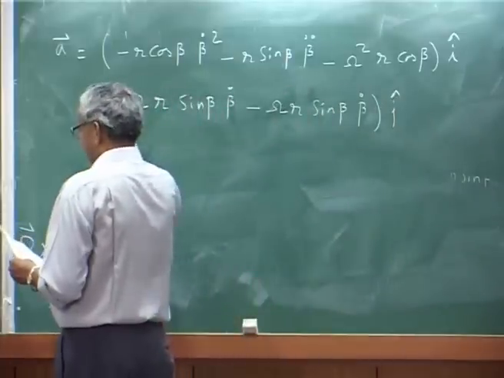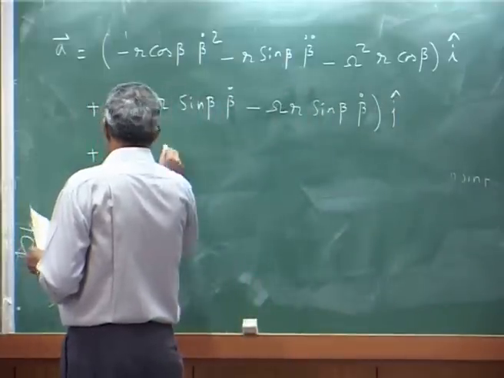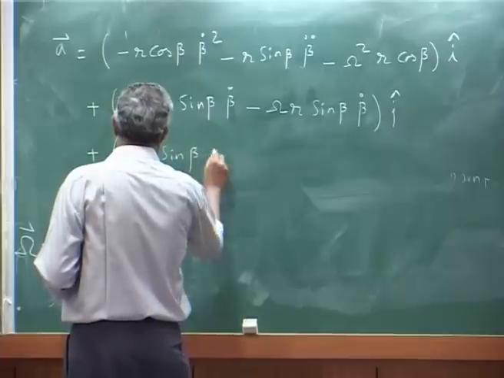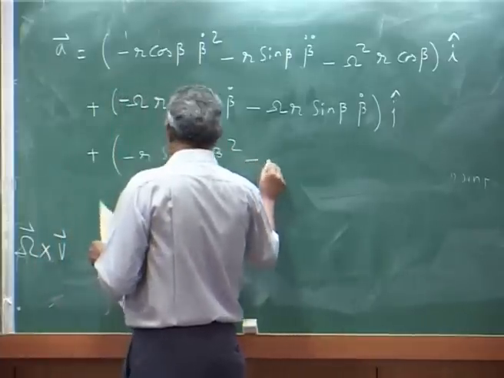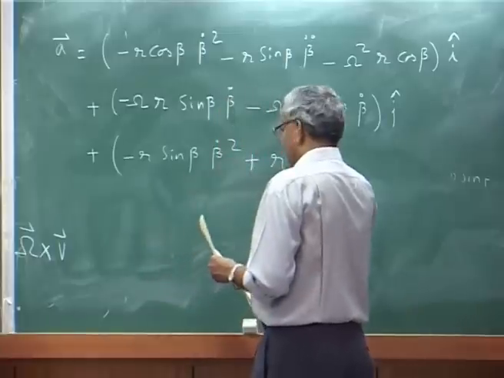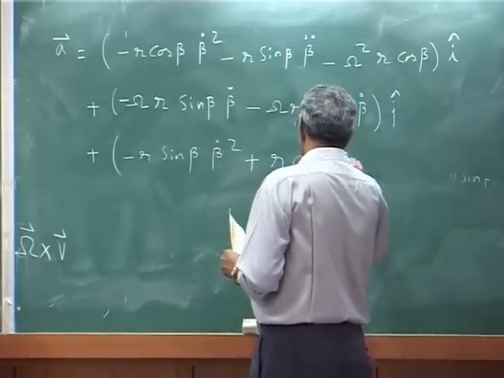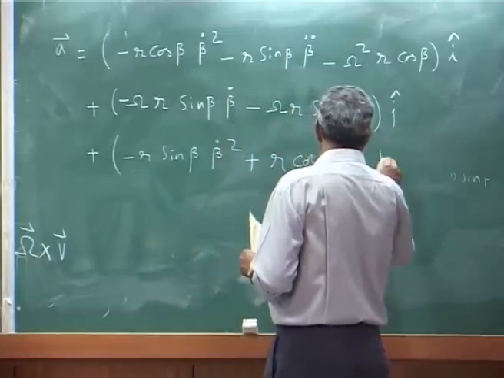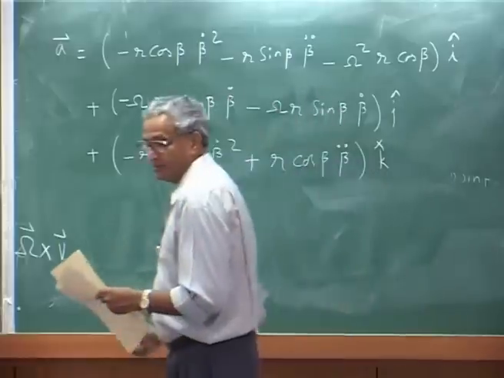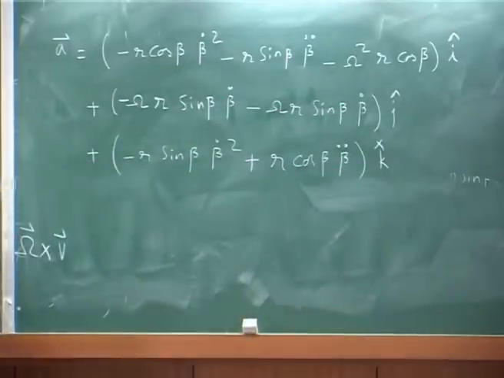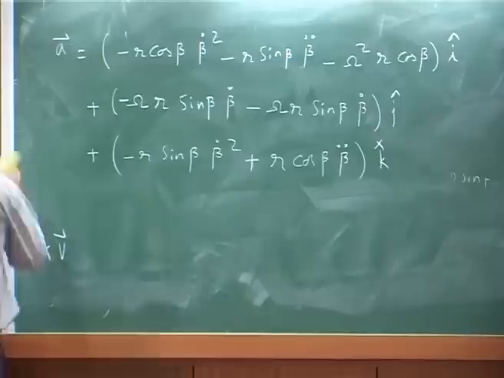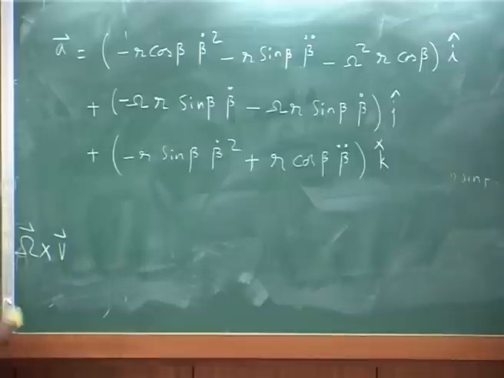Then plus minus sine beta, beta dot square plus r cosine beta, beta double dot. So this is my full acceleration expression. Now I will erase this part. How do we get there?